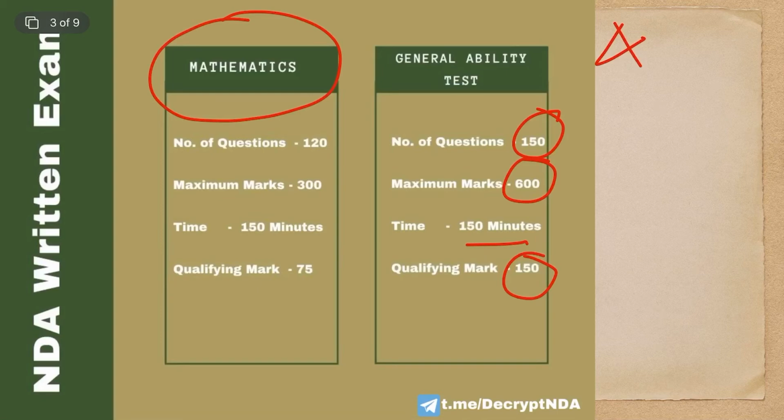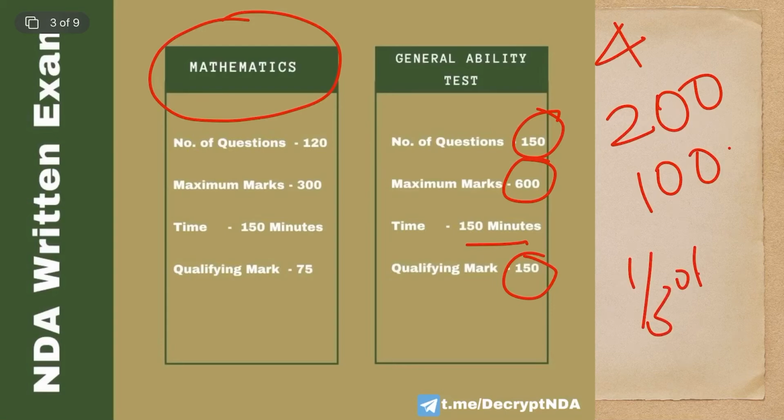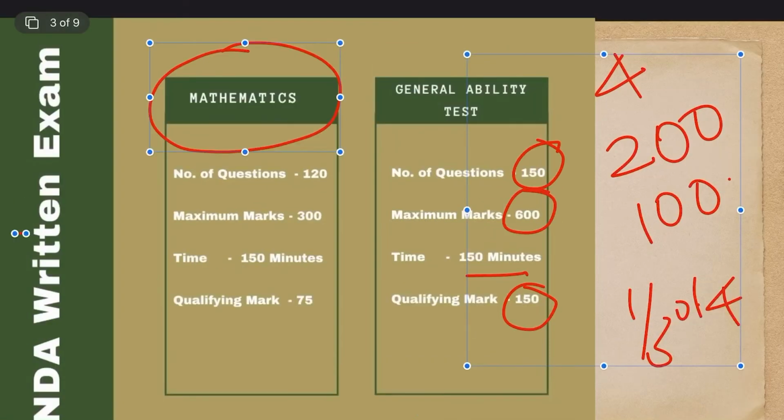Out of 600 marks, I have told you before that English is for 200 marks, and the subject that we are dealing with today, physics, is for 100 marks. For every wrong answer you make, you will lose one-third of the 4 marks as a penalty. Let's move to the next slide.